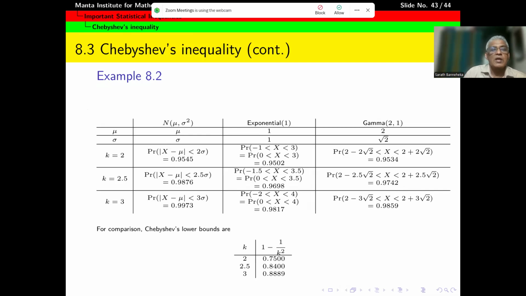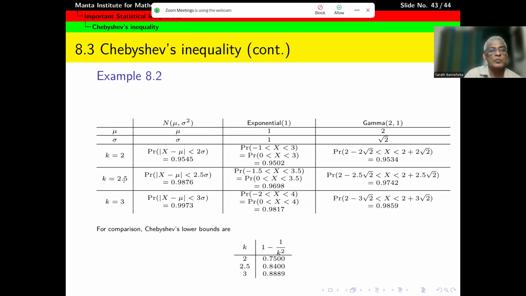You can show that whatever the mu and sigma, if you consider k equal to 2, the actual probability that |x minus mu| is less than or equal to 2 sigma, you can say equal to also because x is continuous here, you can find out this probability knowing that x has a mean mu and variance sigma square, is going to be around 0.9545, approximately 0.95.